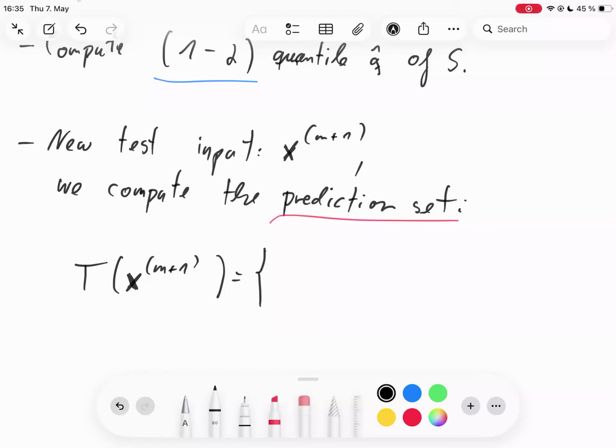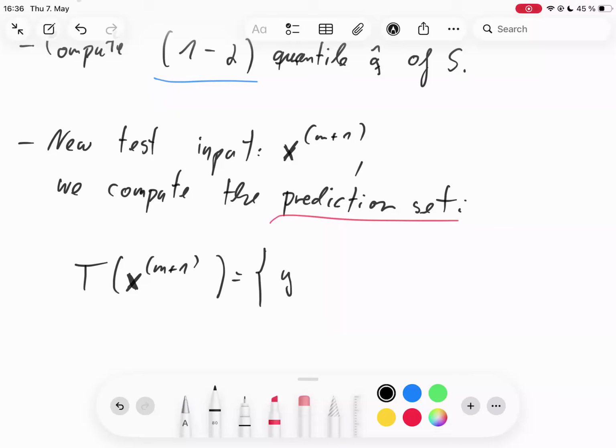We want all the outputs y, so all the possible labels that are plausible given the input. Because also when I make a classification, the label could be wrong. We could do this for classification, but the formula I'll show you works exactly the same for regression, where we would then have an interval and not just a finite number of labels.